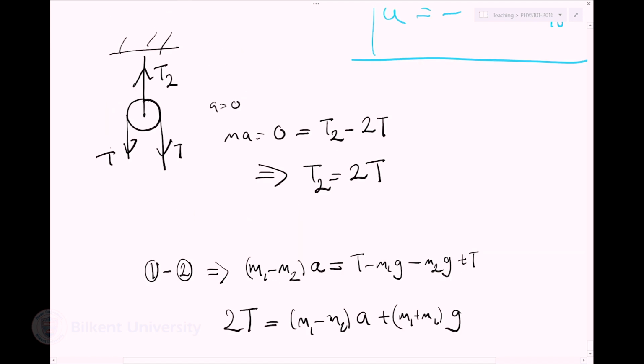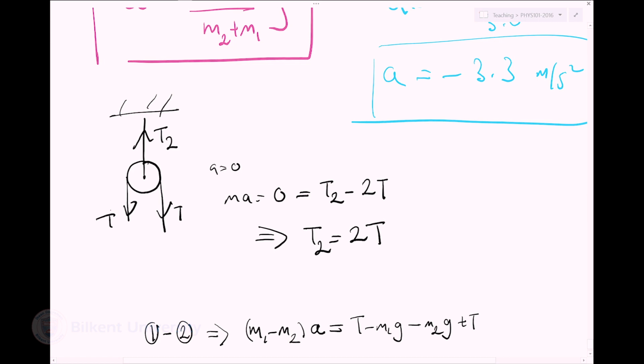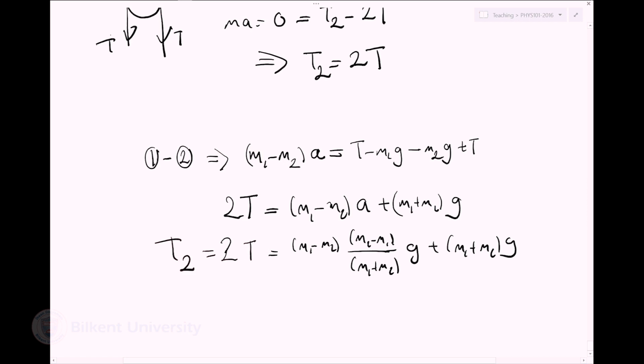But let's remember what a was, (m2 minus m1) divided by (m1 plus m2) times g. So (m1 minus m2) times (m2 minus m1) divided by (m1 plus m2) times g plus (m1 plus m2)g. That is equal to 2T, which is equal to what I actually asked, T2.